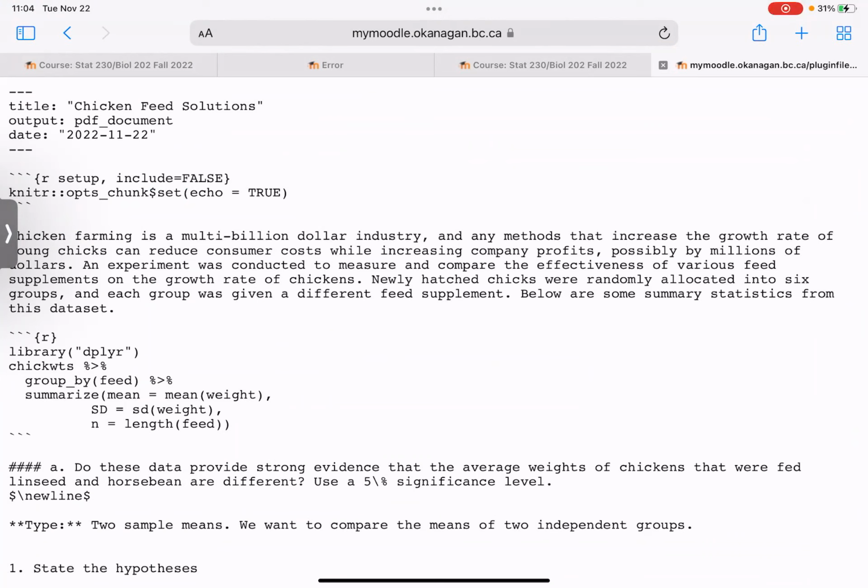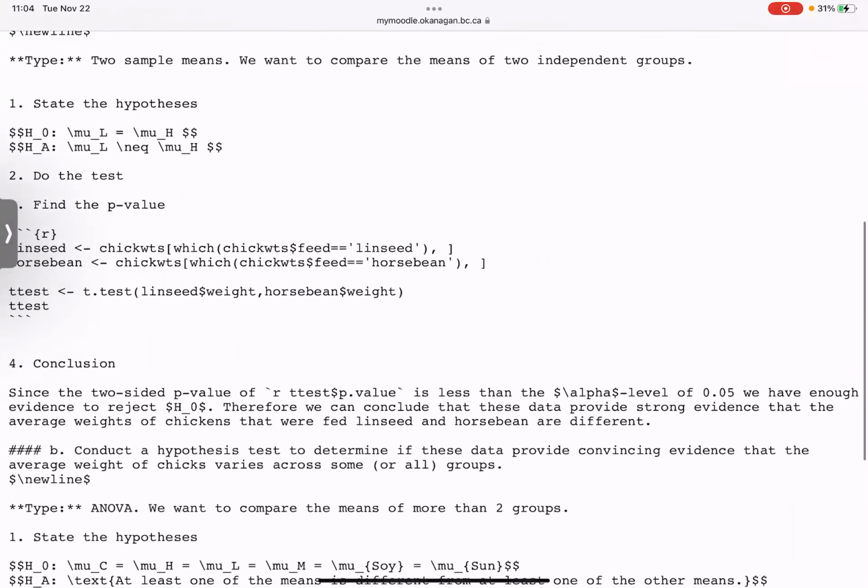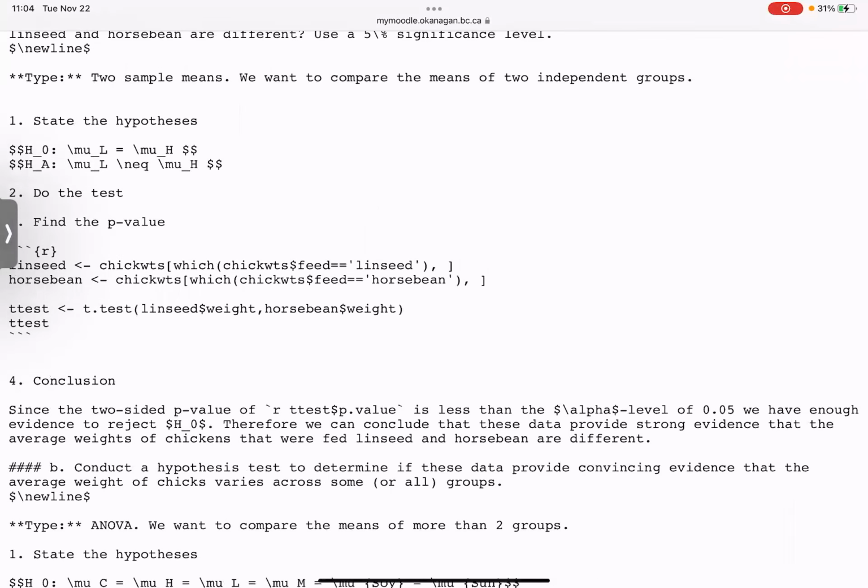But the only reason I'm giving you this is so that you can see how to generate this type of answer, right? So I'm kind of showing you a little bit more of what you can do. For example, you can reference the p-value itself.